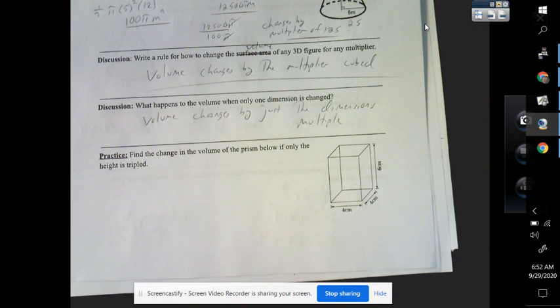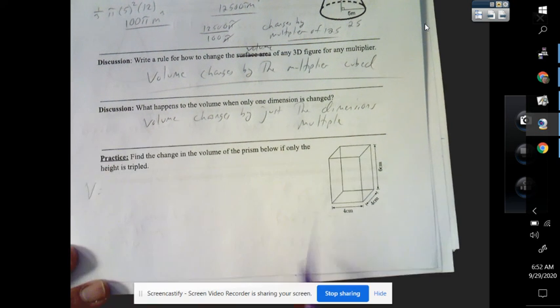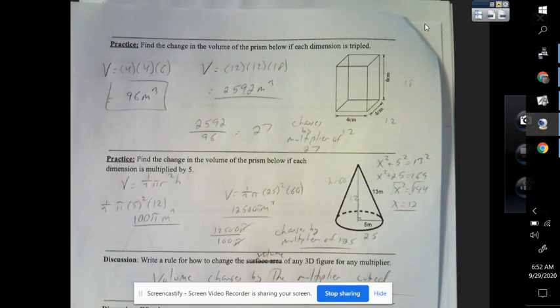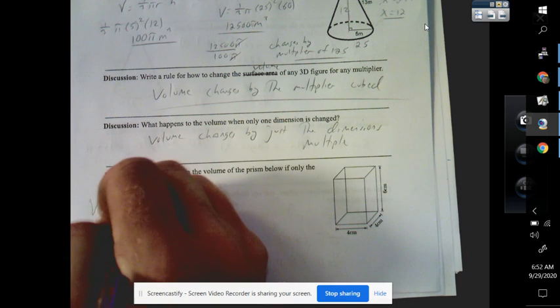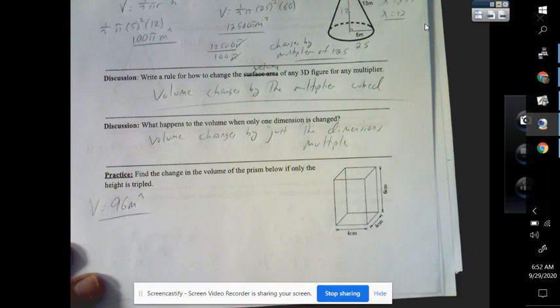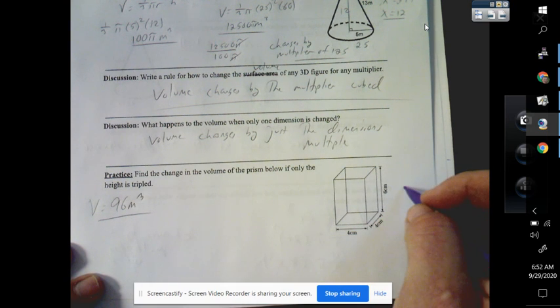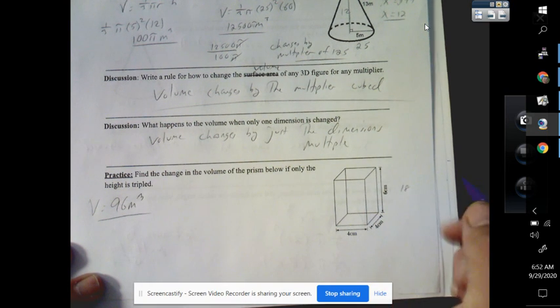Find the change in volume of the prism below if only the height is tripled. Because this is the exact same problem as up here, we know our initial volume is 96 meters cubed. Work smarter, not harder. If I triple the height, multiply this by 3, I'm going to get 18.